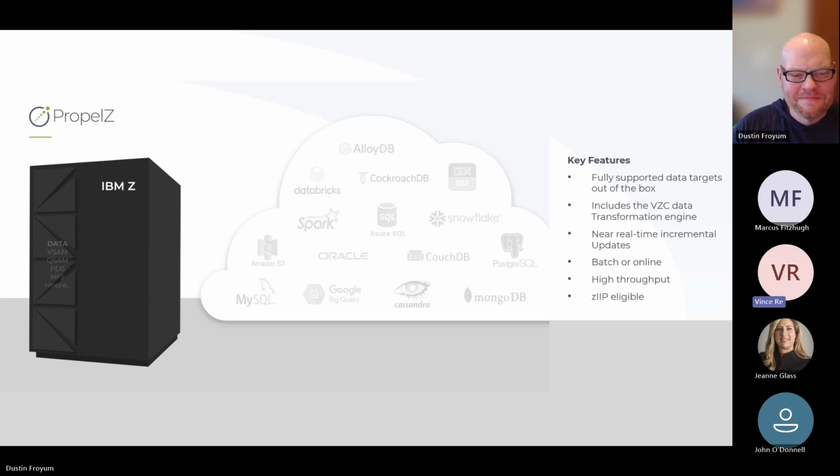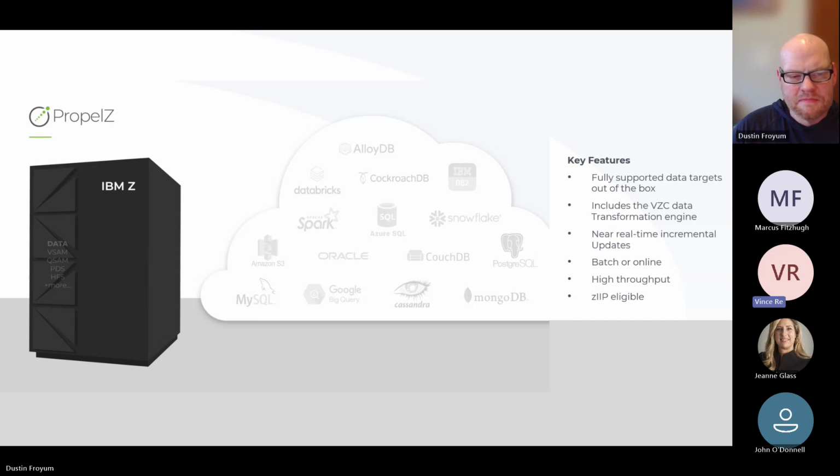Let's say you have an existing VSAM file, and you have a COBOL copybook that tells us what those records look like. Literally minutes later, you can have a database wherever you need it, populated with those rows all broken out into the columns, as we find in the metadata.